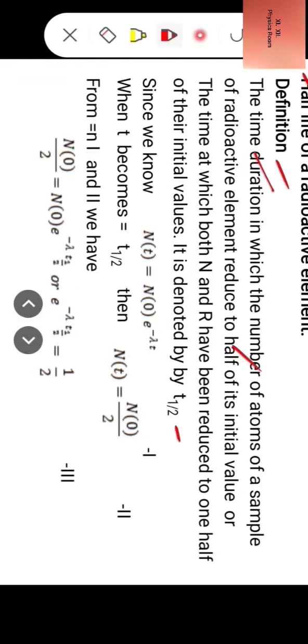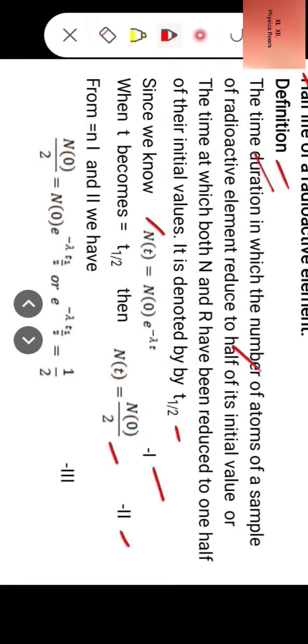Now, since we know Nt is equal to N0 into e raised to power minus lambda t, mark it as equation 1. Now, when t becomes T half, then Nt becomes N0 by 2. Let us mark it as equation 2.